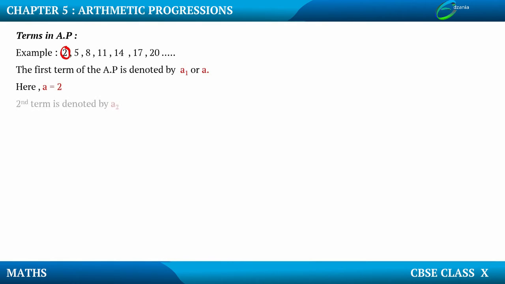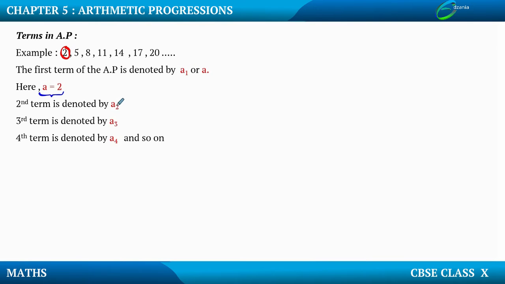Similarly, the second term is denoted by A2, the third term by A3, the fourth term by A4, and so on. It is very easy to identify them. The first term A is 2, and A or A1, both stand for the first term.